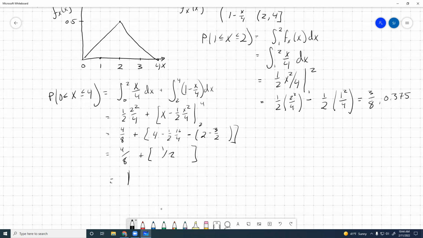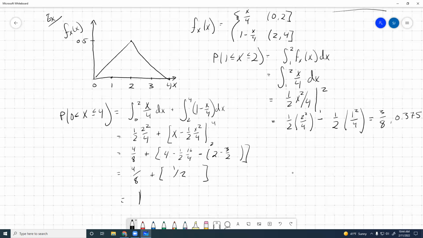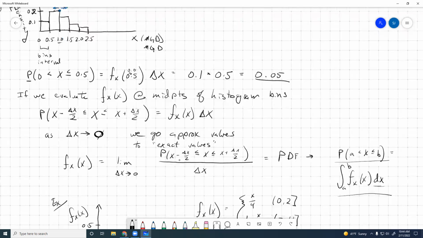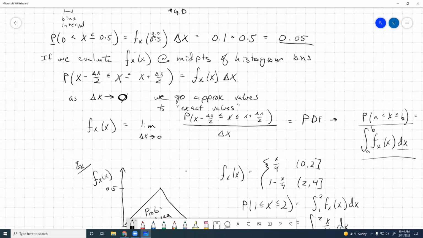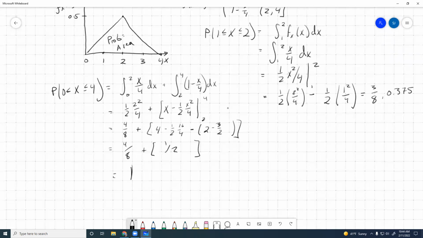So what we're doing here, by integrating this function to calculate the probability, is finding the area under the curve. Does that make sense? And that's all we did with the histogram. We're calculating the area under that histogram to give you the probability. And how that translates to density: let's go back to density.